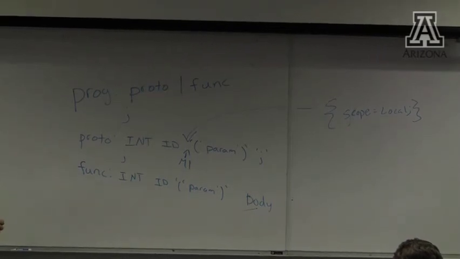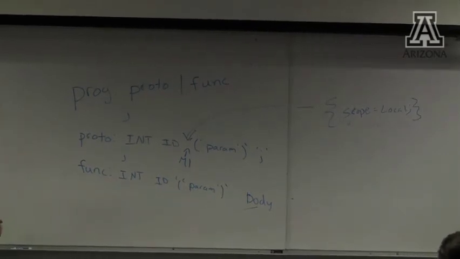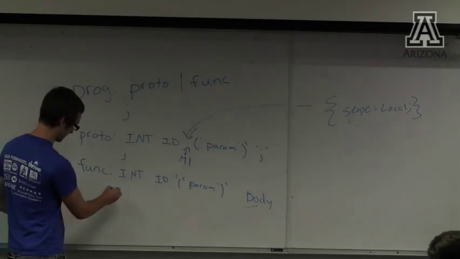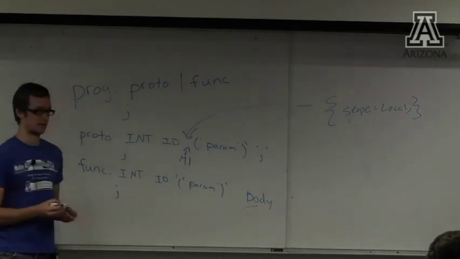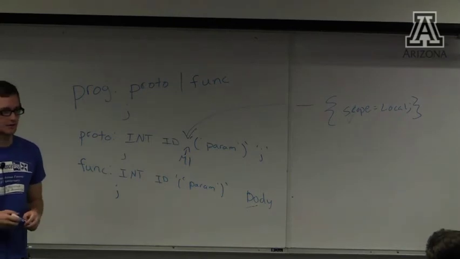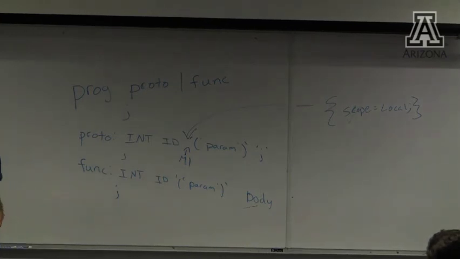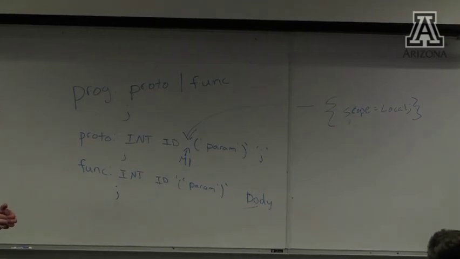The problem here, in the way I've written it, is our grammar used to be perfect, right? It used to have no conflicts. Now it does. Now it has a shift-reduce conflict. Why? This is a function rule. It can either reduce to scope local, or it can shift that parenthesis in the function.